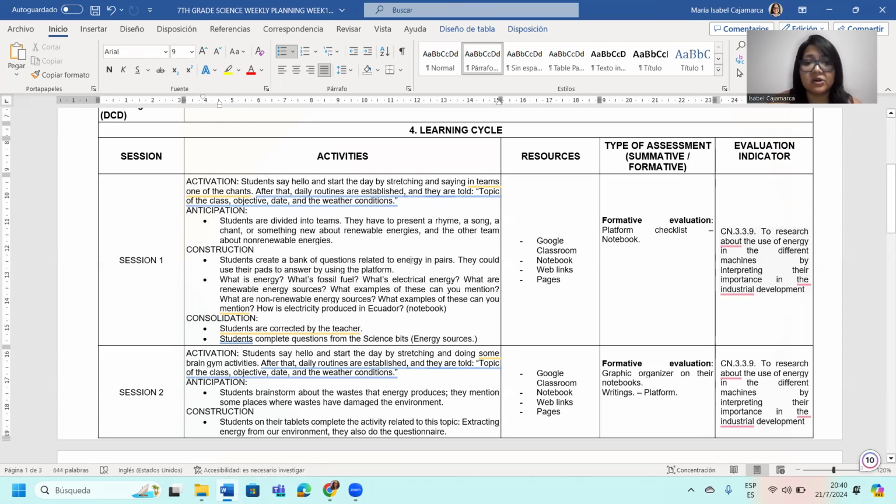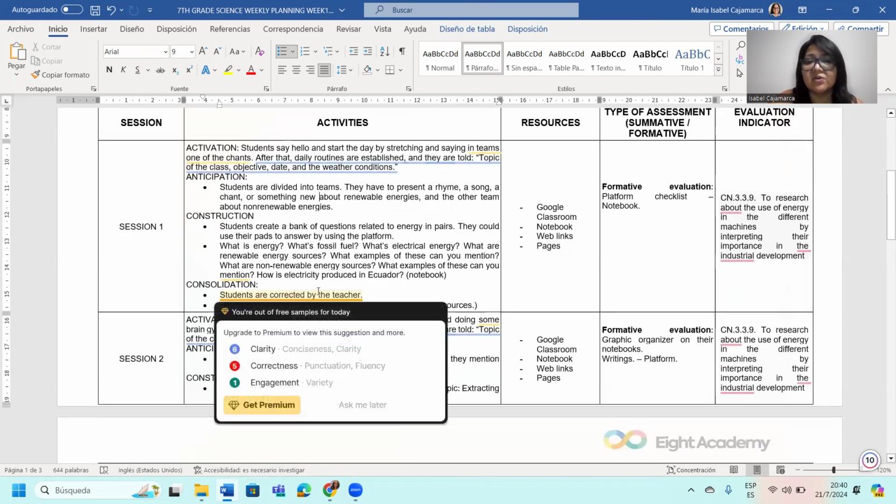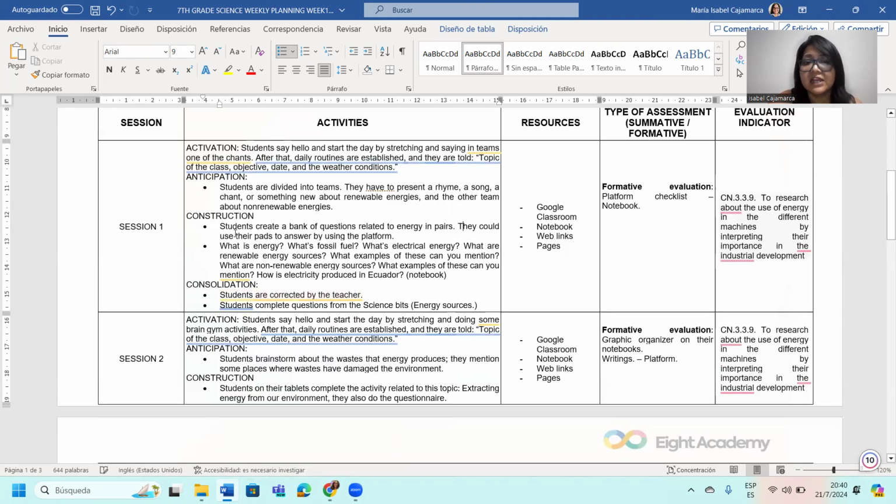Okay, they prepare their bank of questions, what is energy, and I also give them some important information for them to have in their notebooks. But as a consolidation, students are corrected by the teacher, because they have these questions prepared by them in pairs. And then I'm going to ask the questions, they are going to give me answers, and I will correct them if they are not correct.